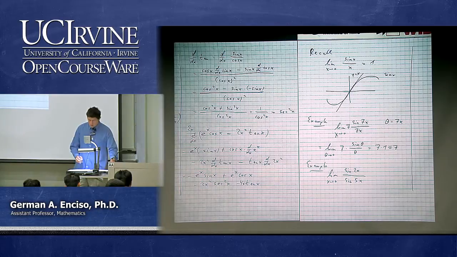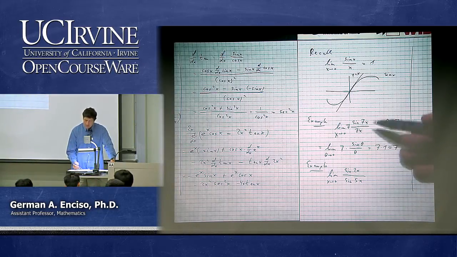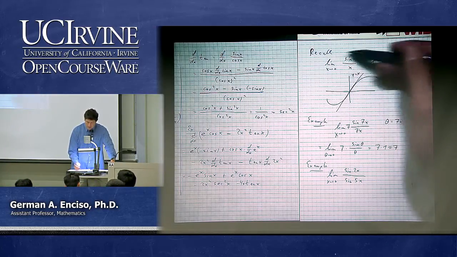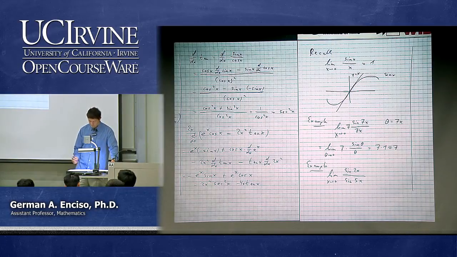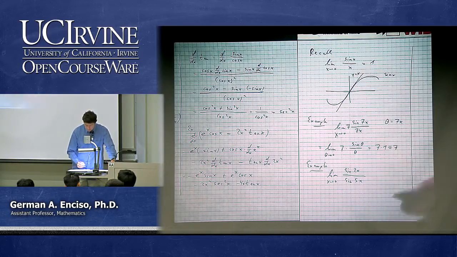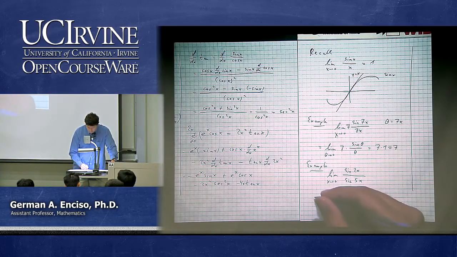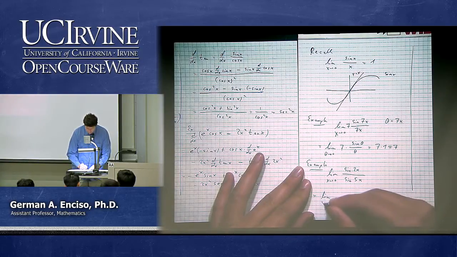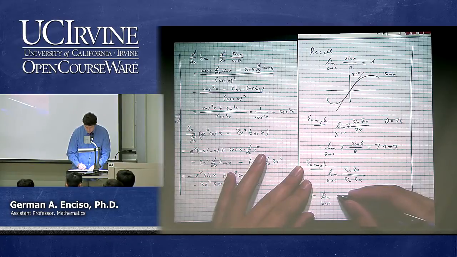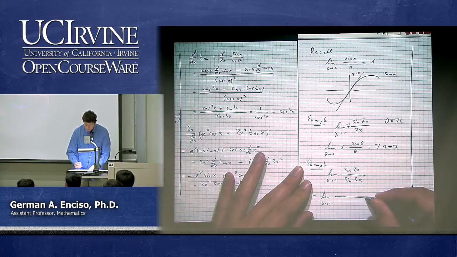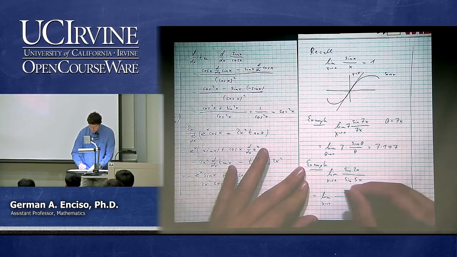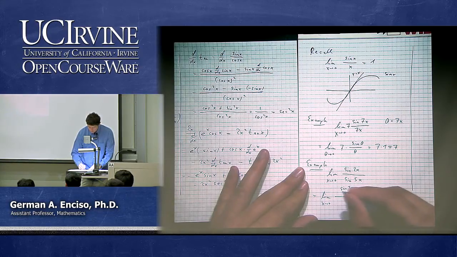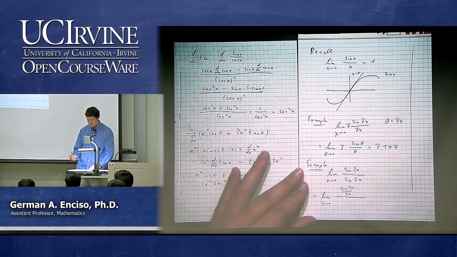Okay, so once again we're going to somehow bring it similar to this limit over here, which we know is equal to 1. So I'm going to write this as the limit when x tends to 0 of the following large fraction. This is going to be sine of 2x divided by 2x.